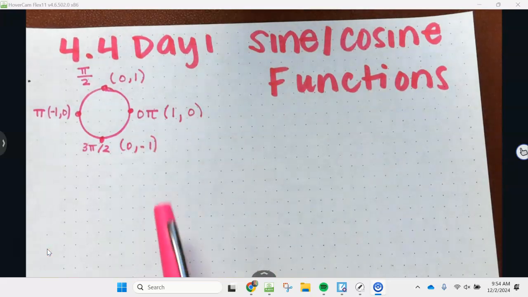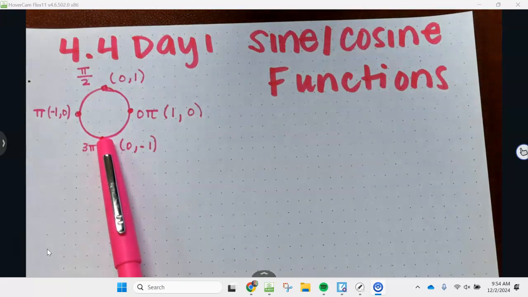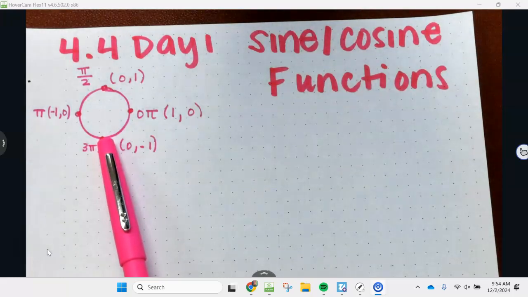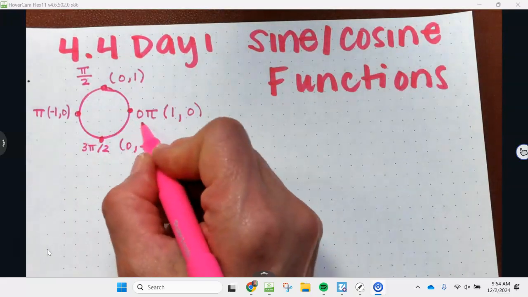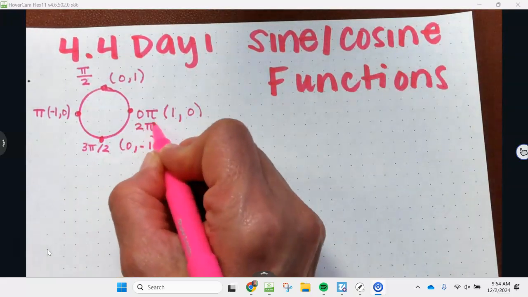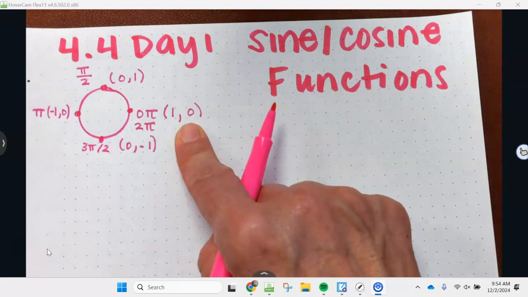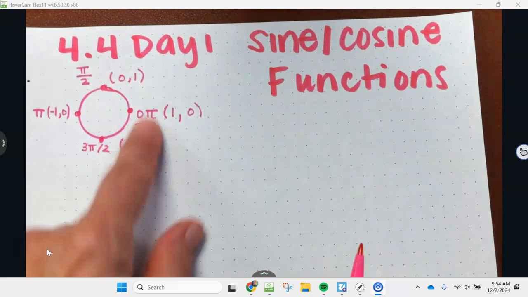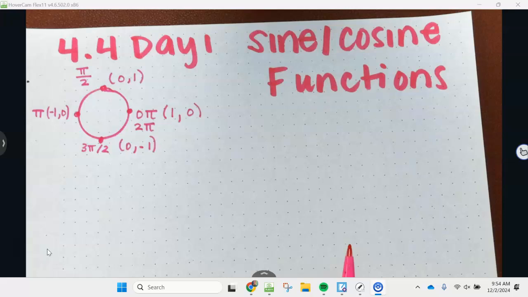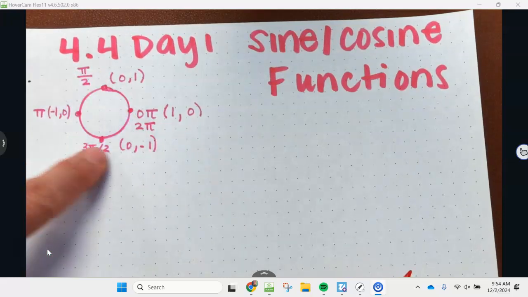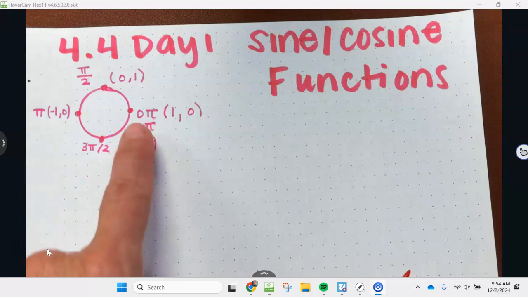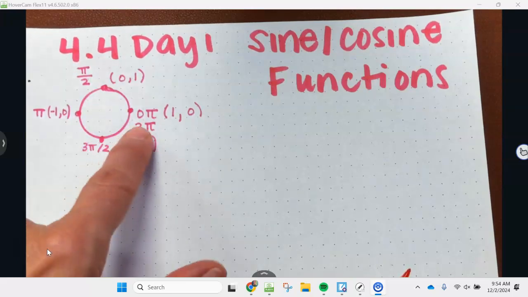So guys, if I have traced all the way to the bottom, I haven't really traced the full circle. So remember, when you go back around, you went 2 pi, and you're back at the same thing. Y'all, if I keep tracing around this circle, I'm going to run into repeats. So we have unique values for sine and cosine from 0 pi all the way around to 2 pi.